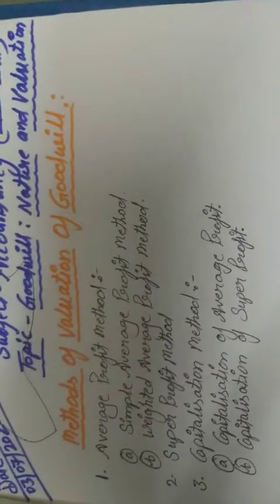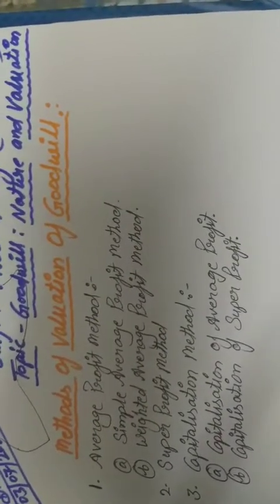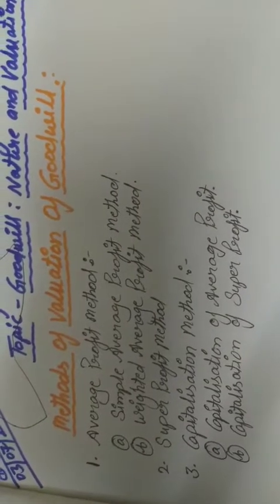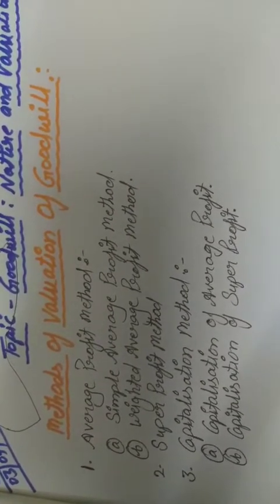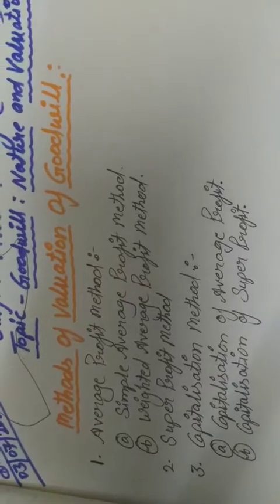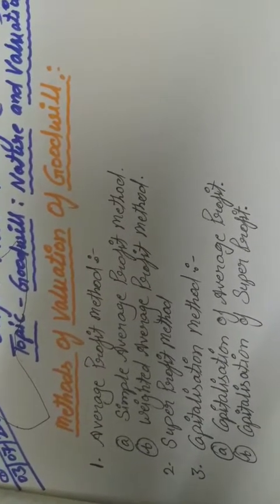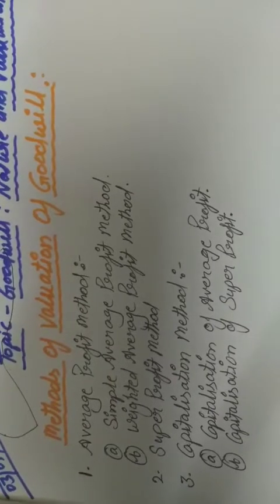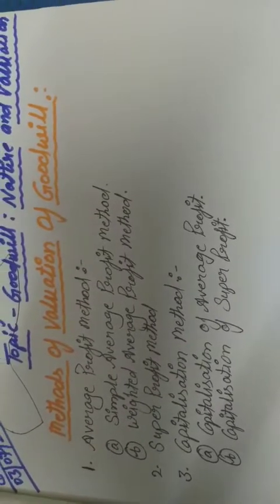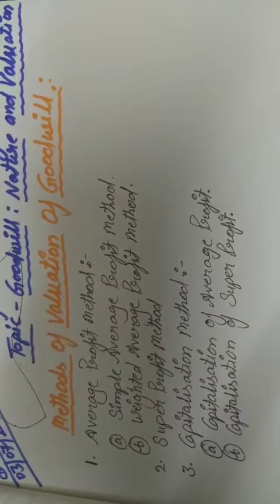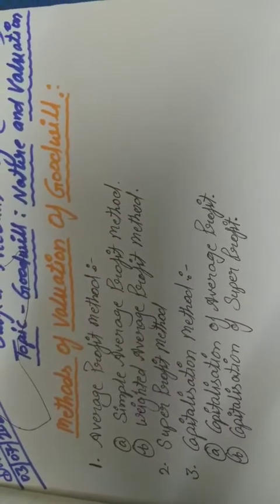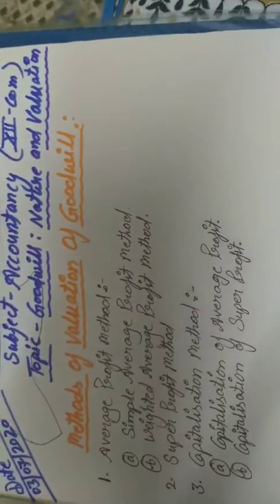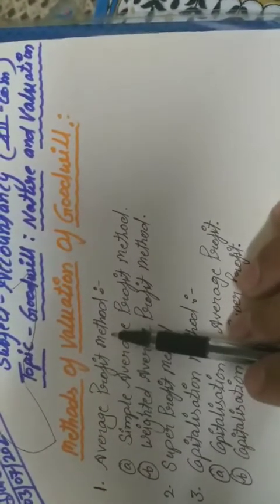Methods 1 and 3 have sub-methods, only method 2 is separate and is only one method. So starting with the methods of valuation of goodwill, the first method is the average profit method.